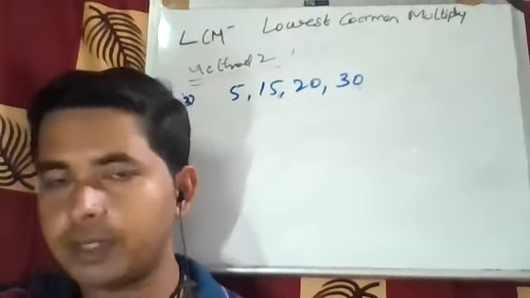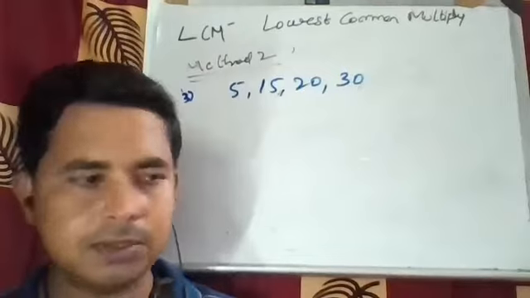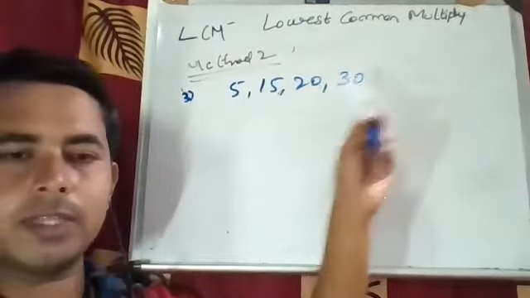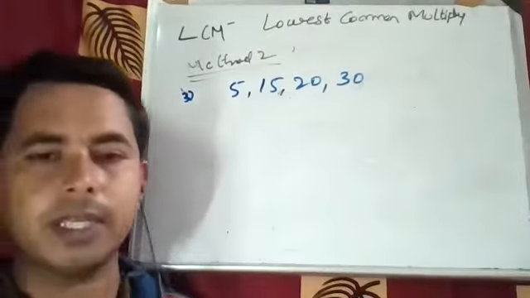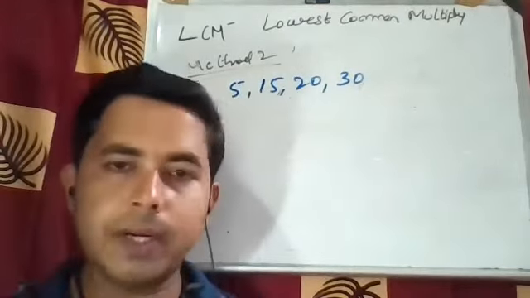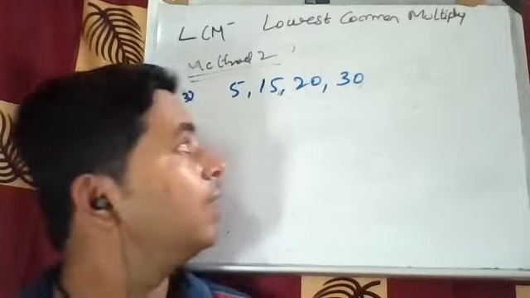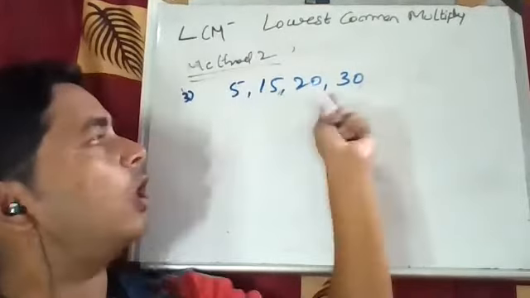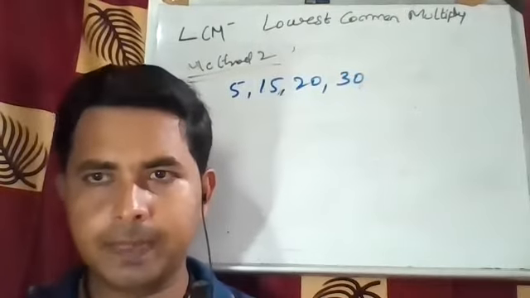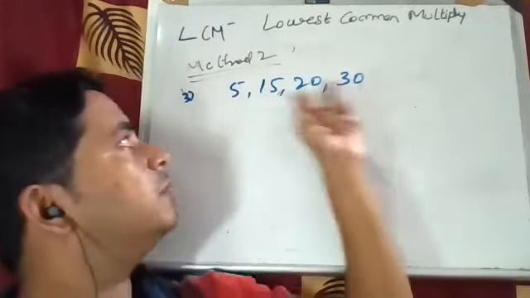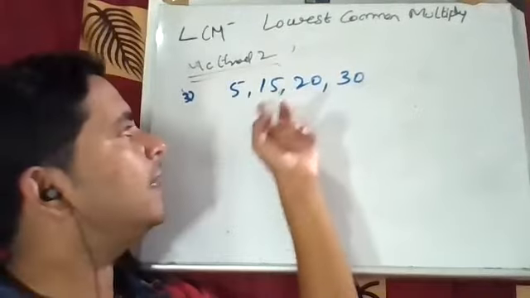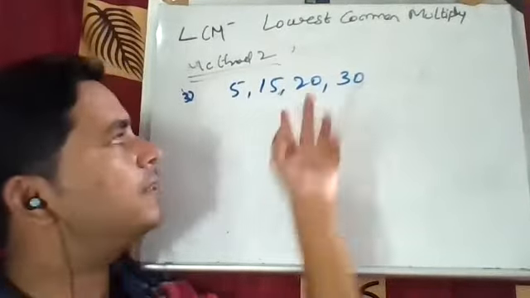Just check whether my 30 is divisible by all the numbers. It will not divide. 5 can divide 30, 15 can divide 30, but 20 cannot divide 30. So what you have to do? Make a 60 in such a way that all three numbers should divide. Right now 30 is not divisible by all of them, only by two numbers, 5 and 15. 20 will not divide it.